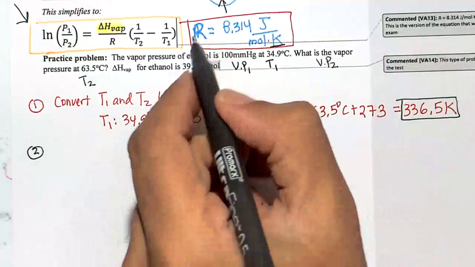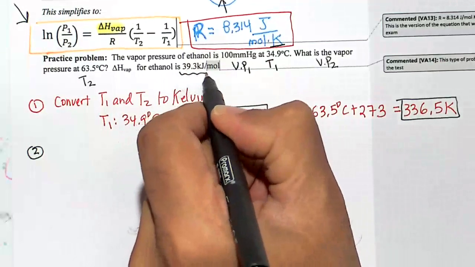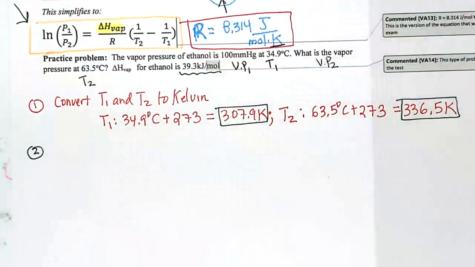You see this delta H vap. Okay, it's in kilojoules per mole. I'm going to convert it to joules over mole. All right, how will I convert it to joules over mole? Very good. Multiply it by 1,000. So I'm going to multiply this by 1,000.